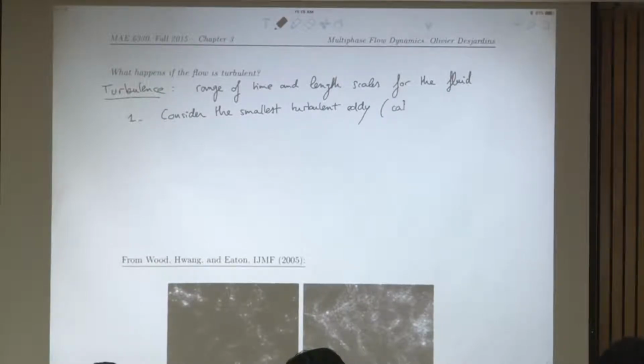It's referred to as the Kolmogorov scale, and it's classically written eta. So consider an eddy of size eta, below which there's no turbulence anymore. What you have is only a linear velocity field, above which there's a range of larger eddies. What you can do with this is build the corresponding time scale for that eddy.